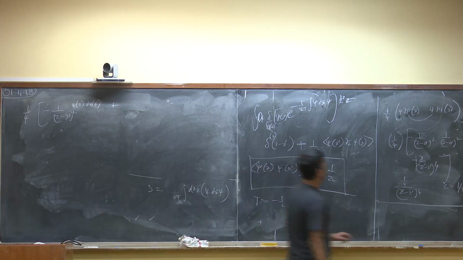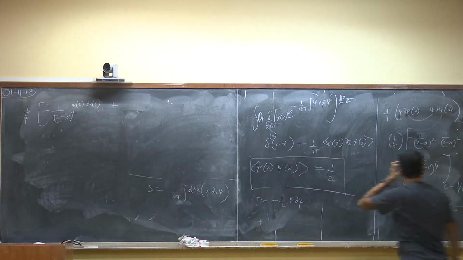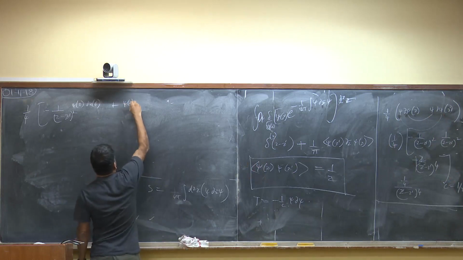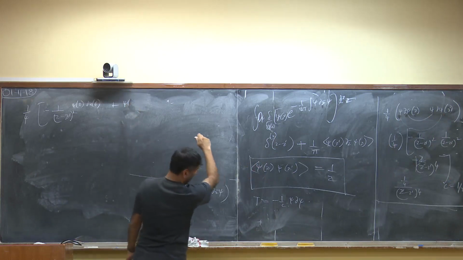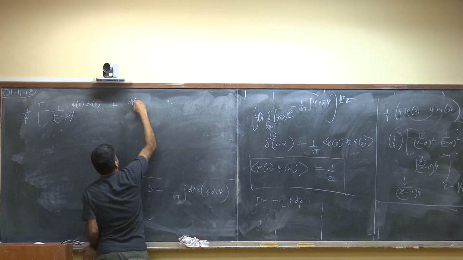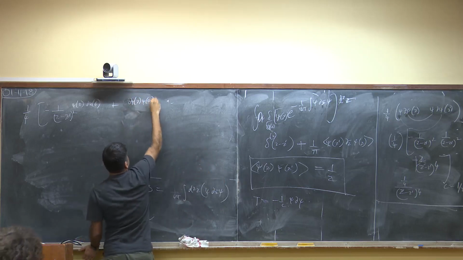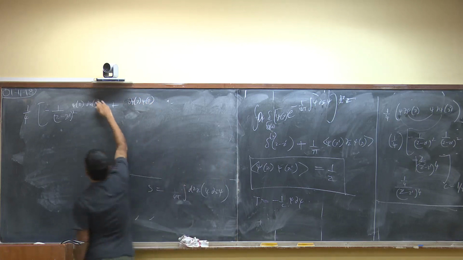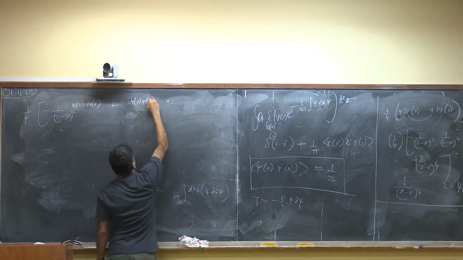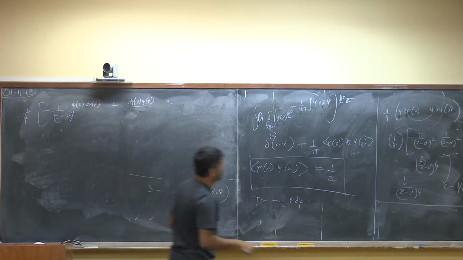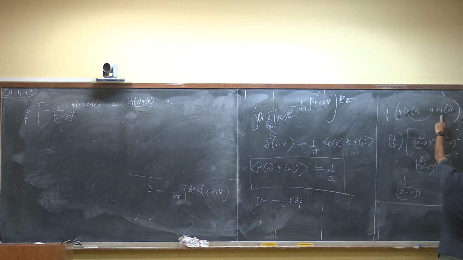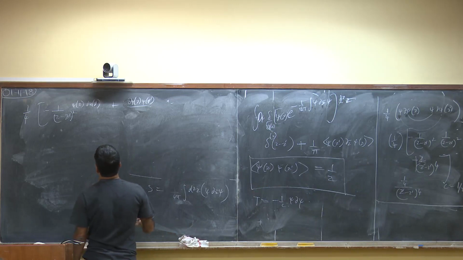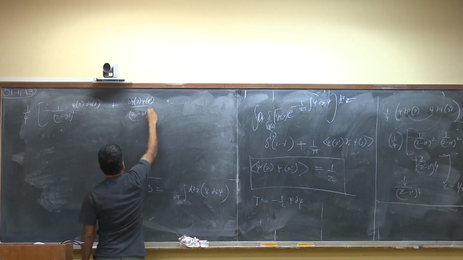Plus contracting this with this. So we get plus psi del psi of z, psi of 0 of z prime, and then this contraction gave us minus of what we got before. So z minus z prime, the whole thing square.